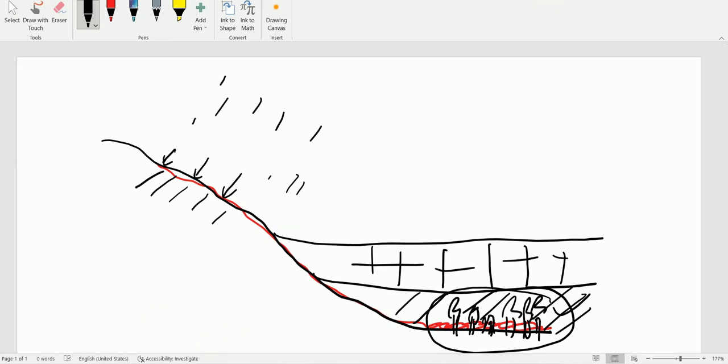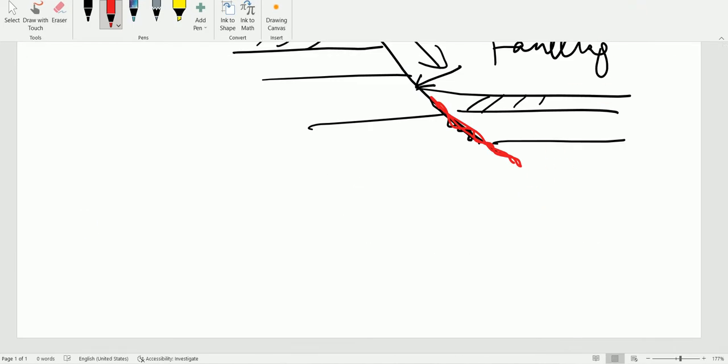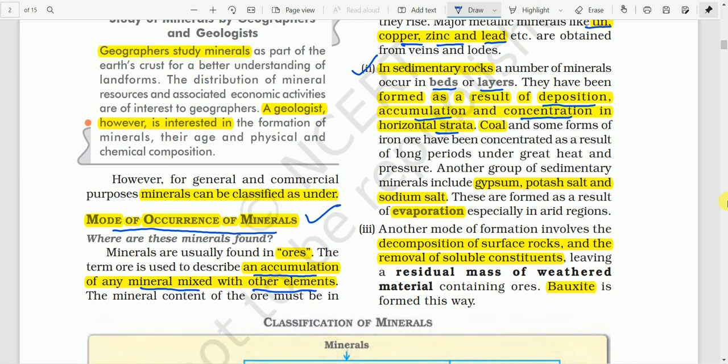as mentioned in our textbook here. Coal and some forms of iron ore have been concentrated as a result of long periods under great heat and pressure.